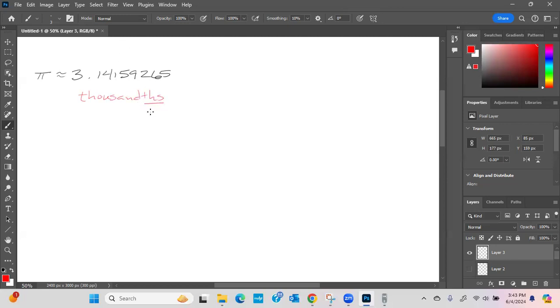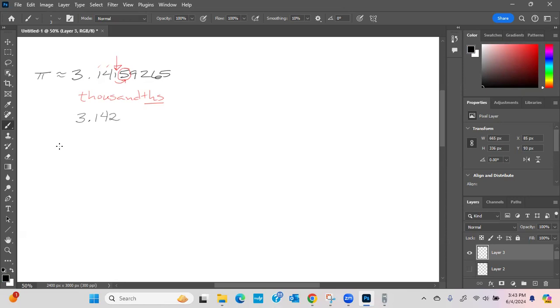it's got the "ths," so that's to the right. We've got tenths, hundredths, thousandths. That's the one we're interested in. Look to the right. It is larger than 5. Oh, it's 5. So we're going to add 1 to the number in the position we are talking about, the thousandth place, and we'll drop the rest.